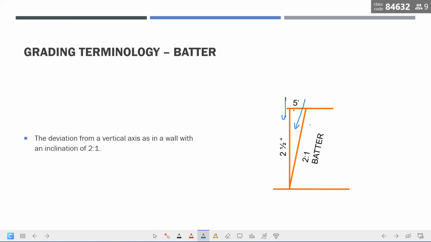But perhaps you might need to introduce a sort of batter when you're considering structural elements in or around your site, such as, for example, a bearing wall or a retaining wall.